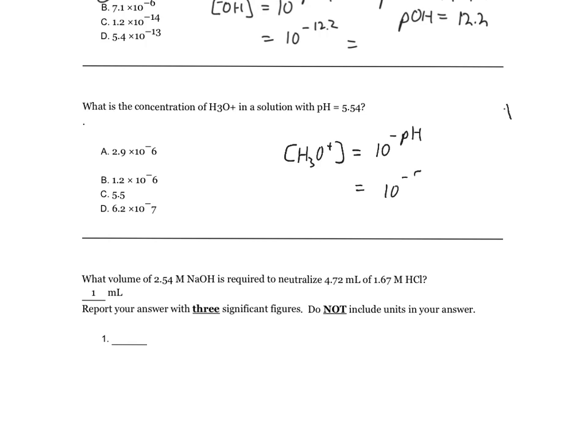So 10 raised to the negative 5.54 is going to be A, 2.88 times 10 to the minus 6 molar. That would round to 2.9.